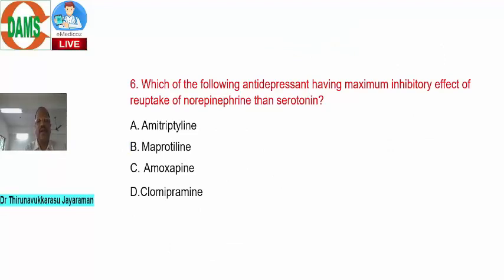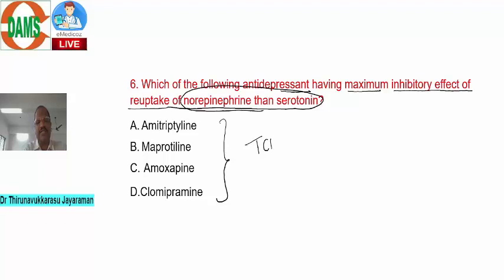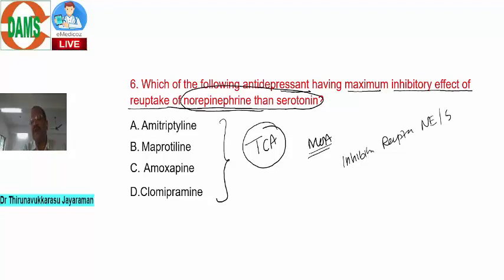Which of the following antidepressants has maximum inhibitory effect on reuptake of norepinephrine than serotonin? Look here. Options given are amitriptyline, maprotiline, amoxapine, clomipramine. One interesting point: all the given options belong to the tricyclic antidepressant group. And we know the common mechanism of action of all the tricyclic antidepressants is inhibiting reuptake of norepinephrine and serotonin.